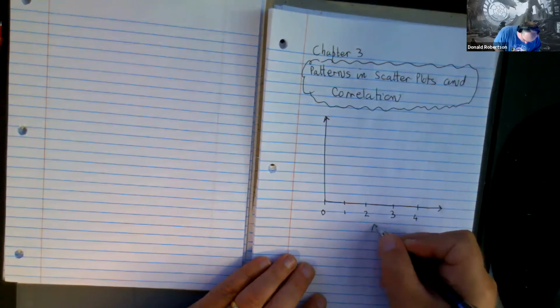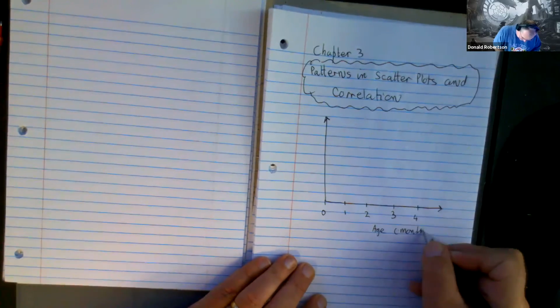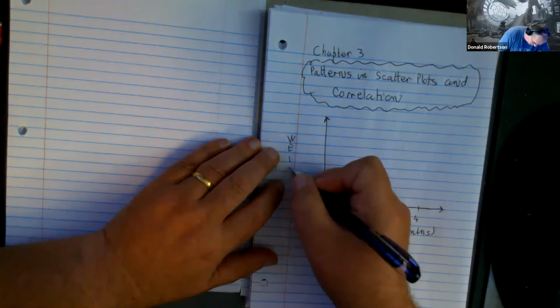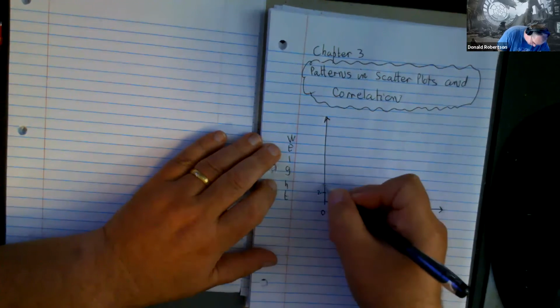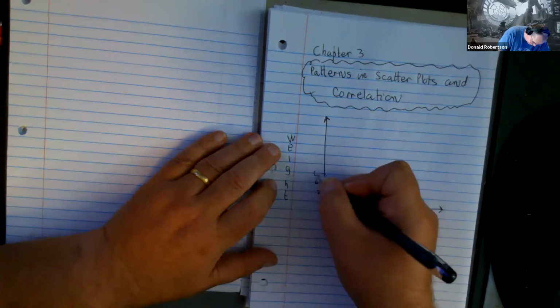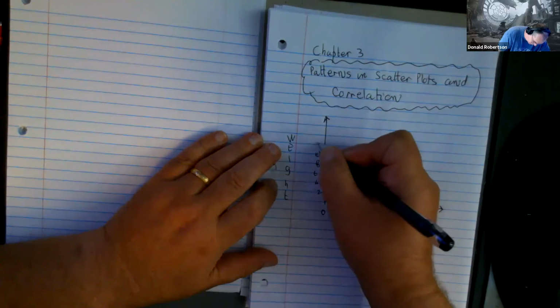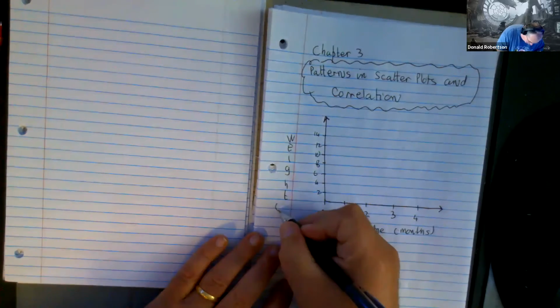So this is their age in months. And you measure that against their weight. And let's say the weight went 2, 4, 6, 8, 10, 12, 14, right? And we'll have the weight in pounds.